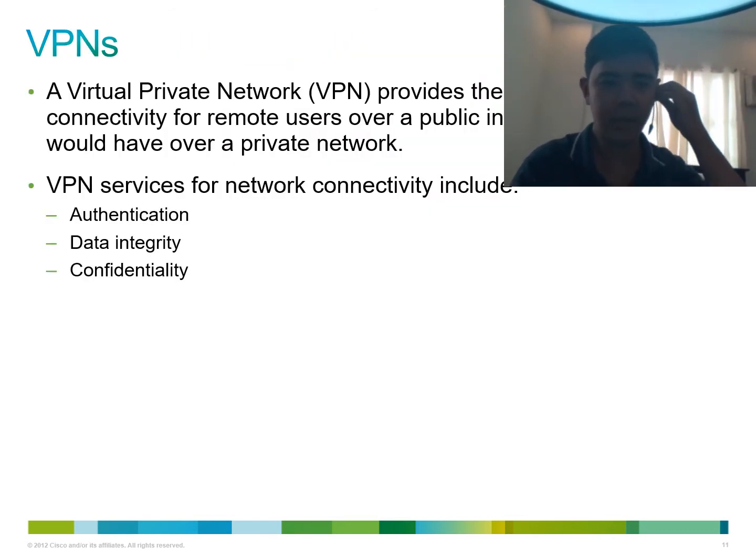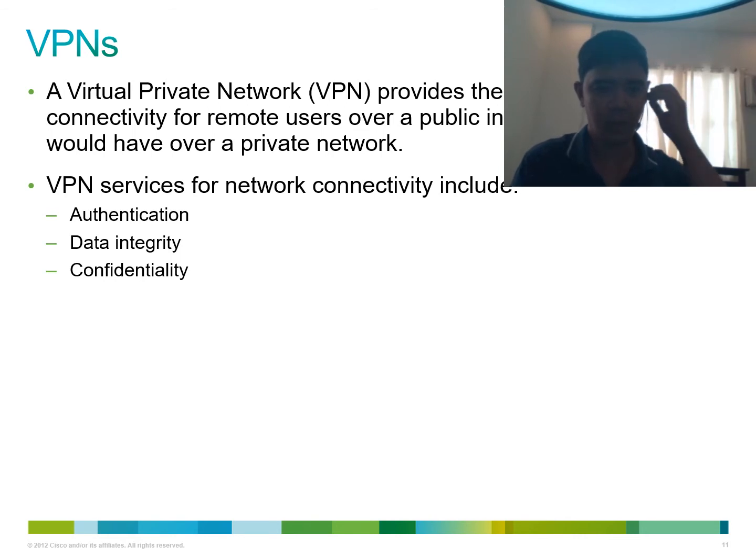So again, in VPN, what we do in a router or in a server is we implement or set up security policy. And then this policy, in terms of security, has something to do with confidentiality, okay, integrity, and authentication. Okay.